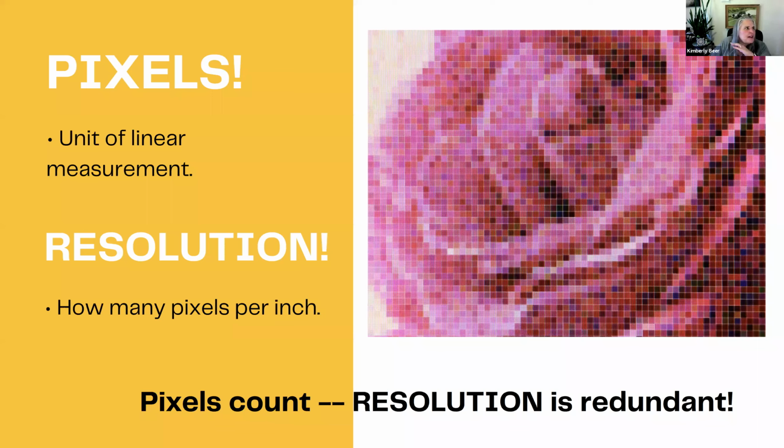In order to understand digital images, we need to understand pixels and resolution. This is the thing that usually throws people for a loop when an art gallery asks you, can you please provide me a blah, blah, blah image? I need an image that's 1200 pixels wide, or we need images that are 600 pixels wide at 72 DPI or 72 PPI.